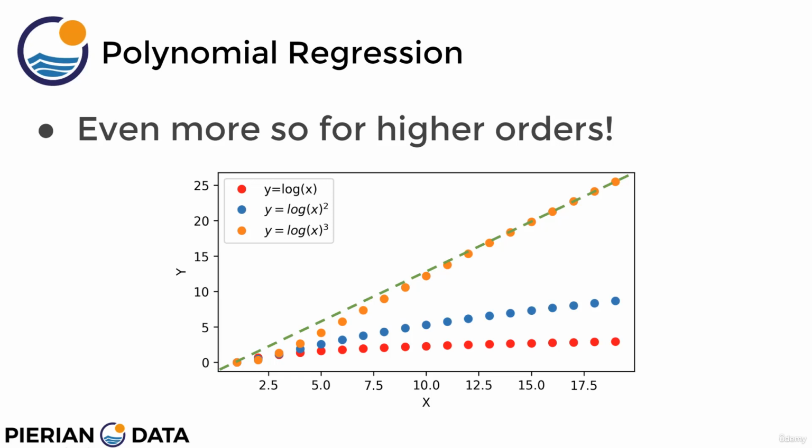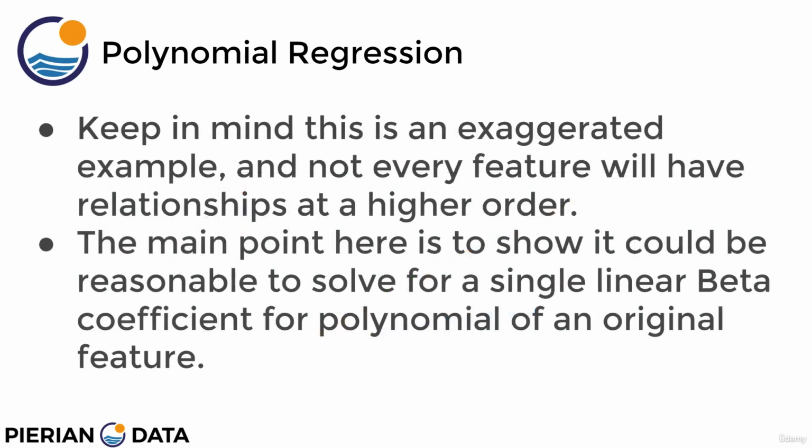So that's essentially the motivation behind polynomial regression: you will be able to find accurate beta coefficients for higher orders of the feature if the relationship of the original feature is nonlinear. Now keep in mind, we chose a very convenient, exaggerated example where your feature behaves exactly like log of x.